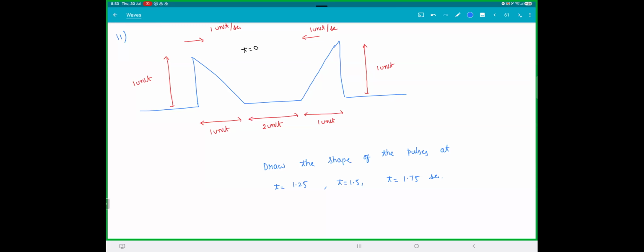I'll give a minute and then I'll show you. You get a very famous shape. So at 1 second, they will exactly meet.